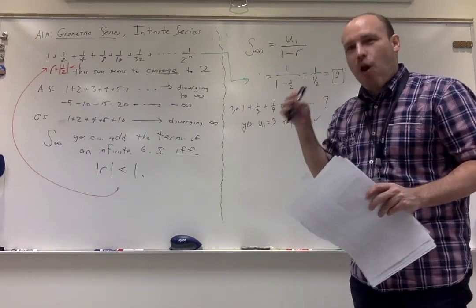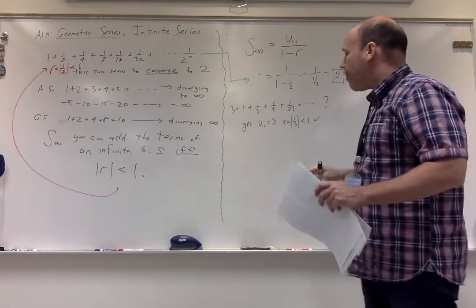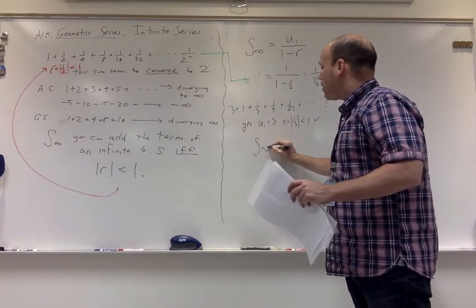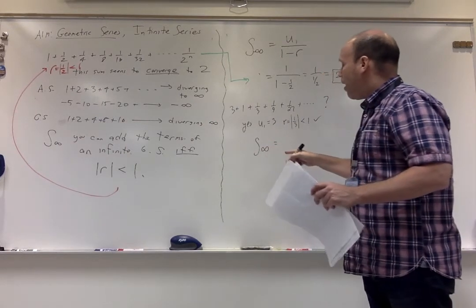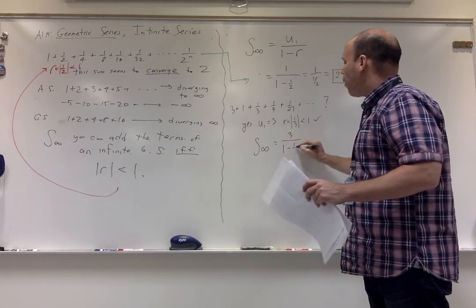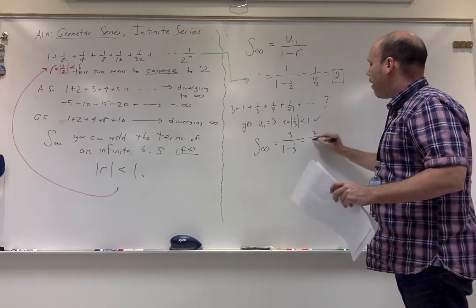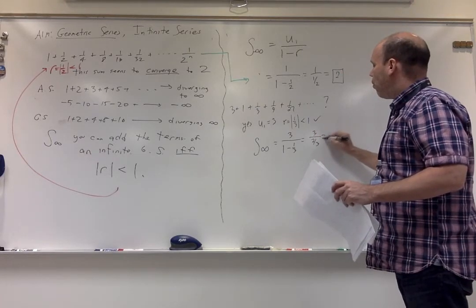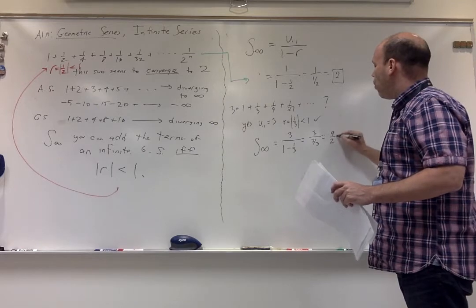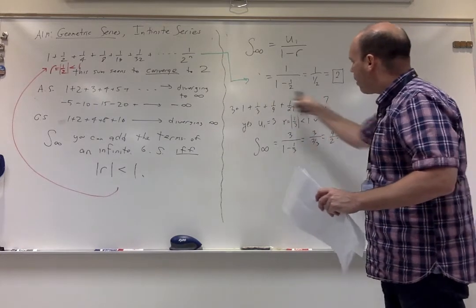Think about that for a second. We're going to add an infinity, and we're going to get a number. Well, the formula says that the sum is 3 divided by 1 minus 1/3, which is 3 divided by 2/3, which is 9 over 2, or 4.5. It's kind of interesting.